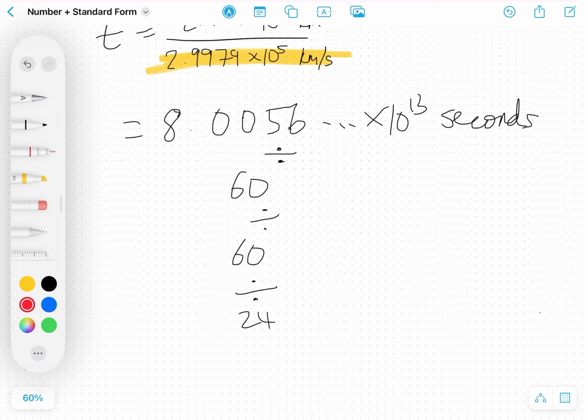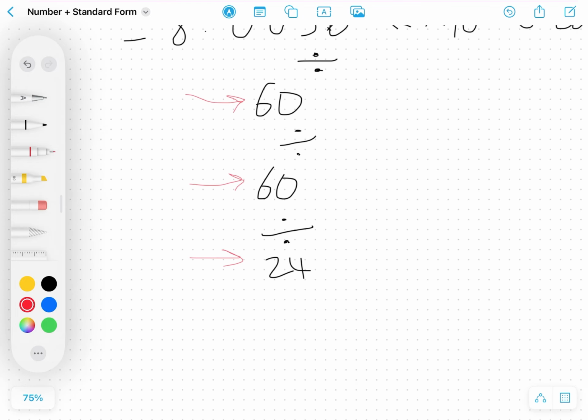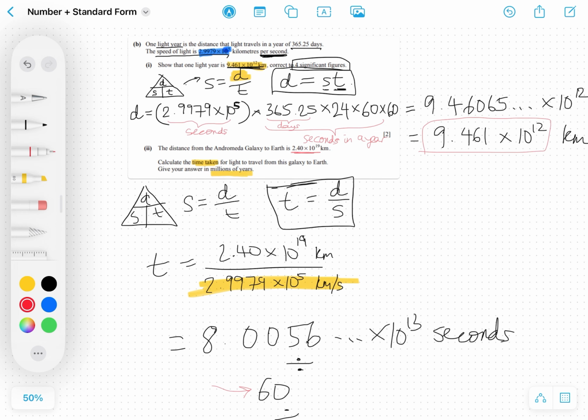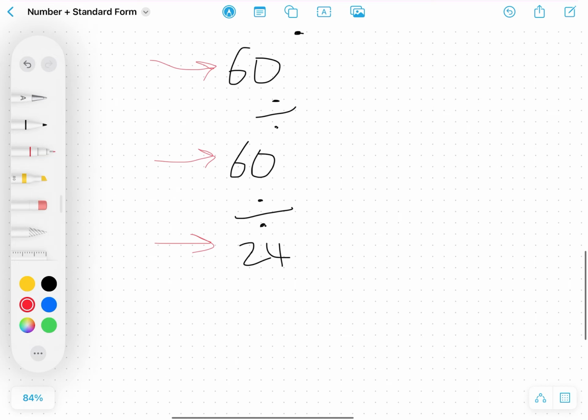So there's 60 seconds in a minute, that's why we divided by 60 here. And then 60 minutes in an hour, that's why we divided by 60. And 24 hours in a day. So far this is giving us the number of days. And then you want to divide that by 365.25. So that's how many days there are in 1 year.